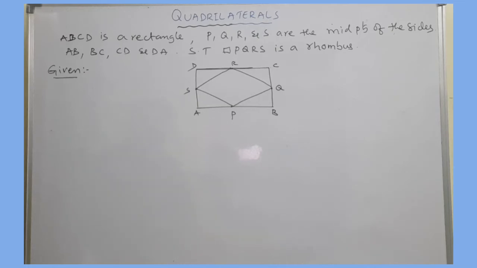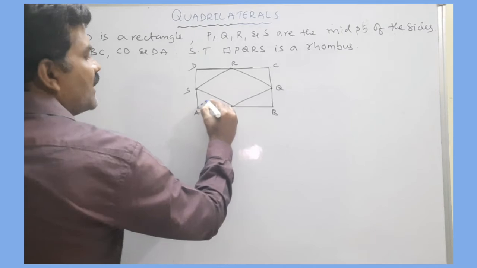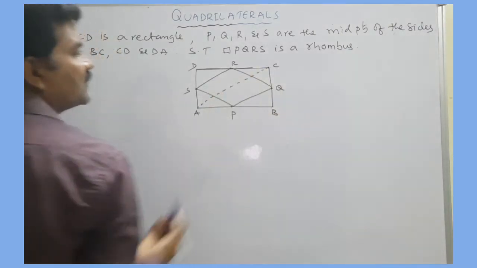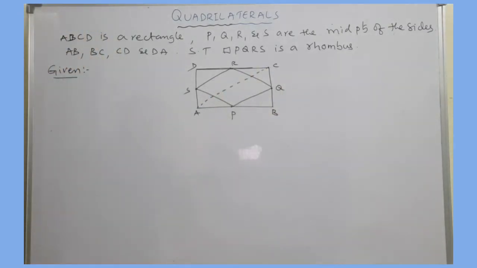Now coming to construction, join AC. By joining this diagonal AC, the rectangle is divided into two triangles.